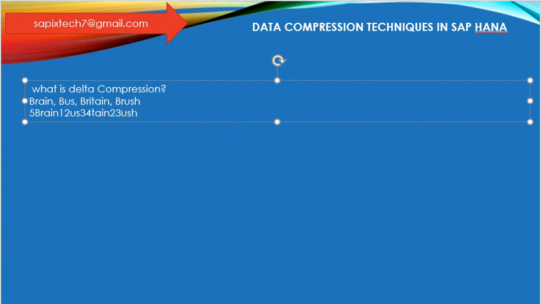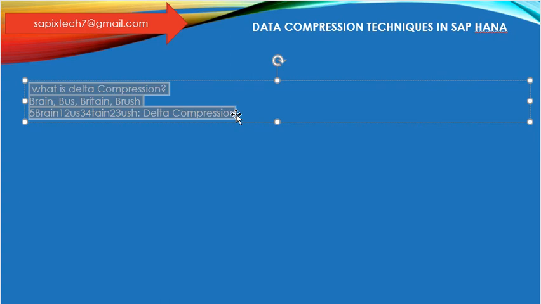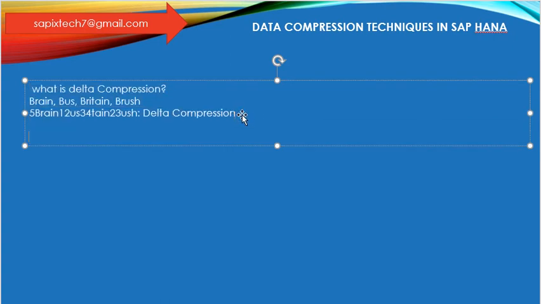So how did it happen? This is delta compression. But how did it happen? Can anybody answer? No?